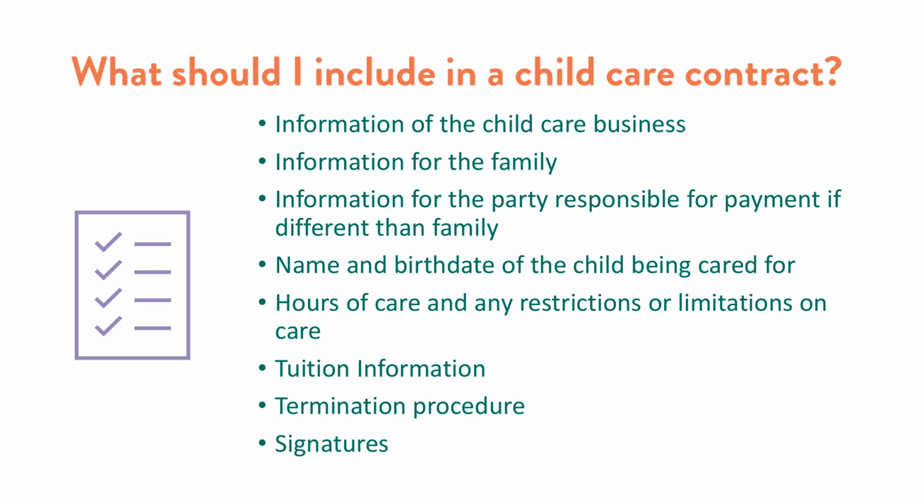This includes names and contact information of the childcare business, names and contact information for the family, names and contact information for the party responsible for payment, if different than the family, name and birth date of the child being cared for, hours of care, and any restrictions or limitations on care, for example, certain days of the week or maximum number of hours per day. It also includes names of any other fees charged, how they are incurred, and when due, for example, late payment fee, late pickup fee, tuition amounts, payment types accepted, and payment schedule, for example, weekly or monthly, termination procedure, and signatures of family members and or party responsible for payment, and the childcare business.